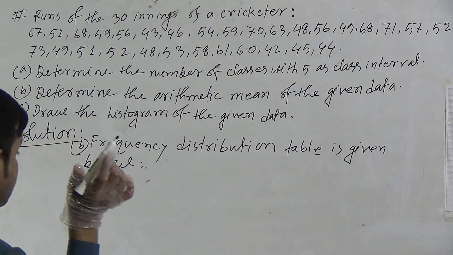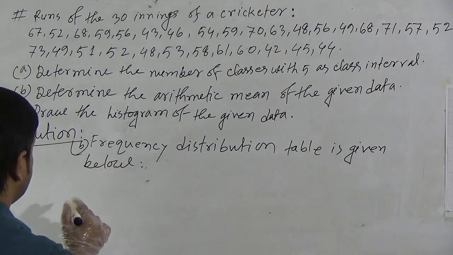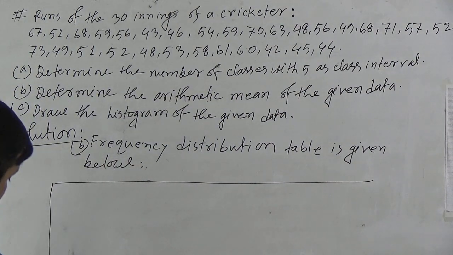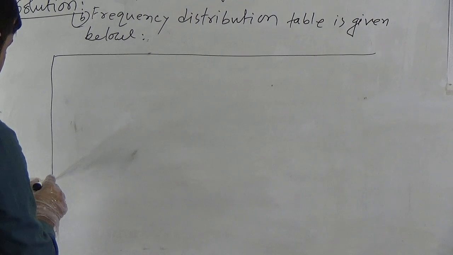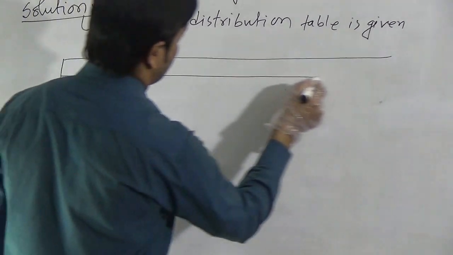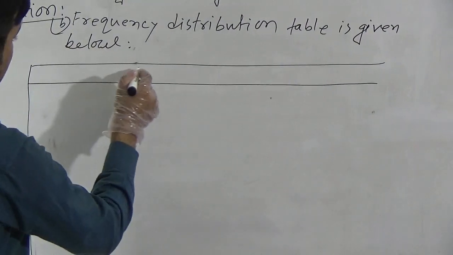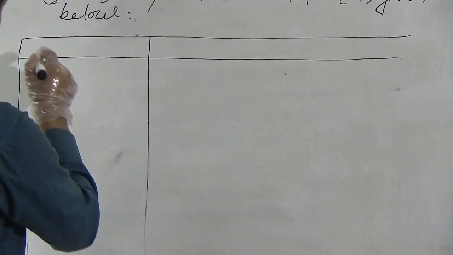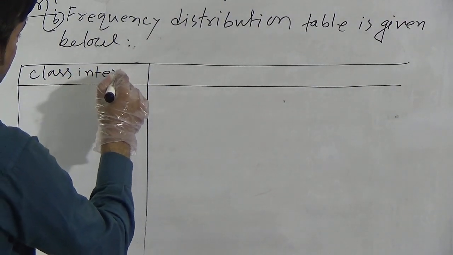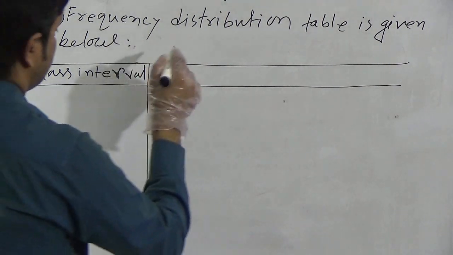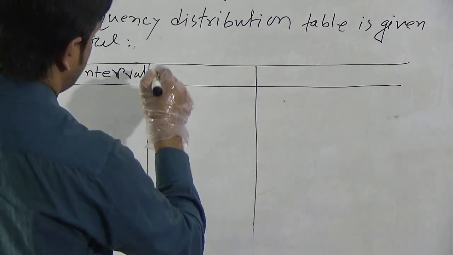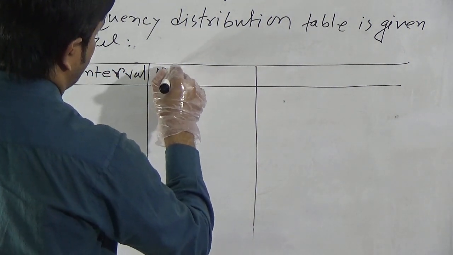Okay, now frequency distribution table. We need to prepare 7 classes. Here first one is class interval. Second one is mid value.